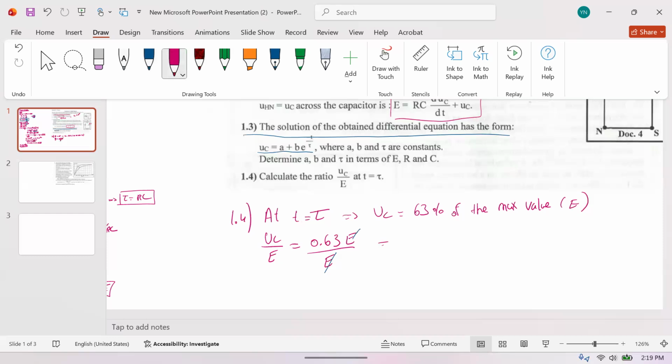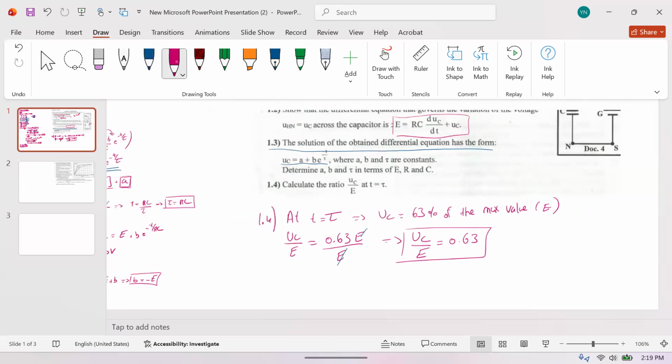We get that the ratio UC over E at this specific time is 0.63, and it should be really easy. If you compare two things with each other, you have to find their ratio, so you can find what one of them is equivalent to the other. Okay, now this is 1.4.